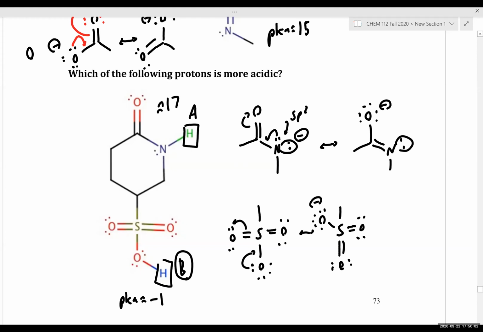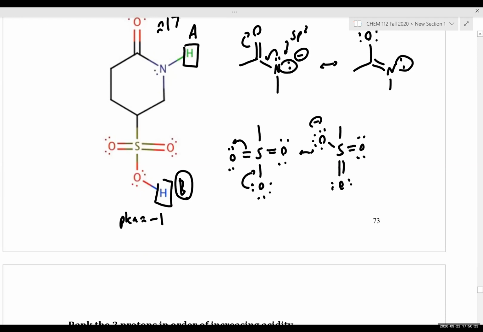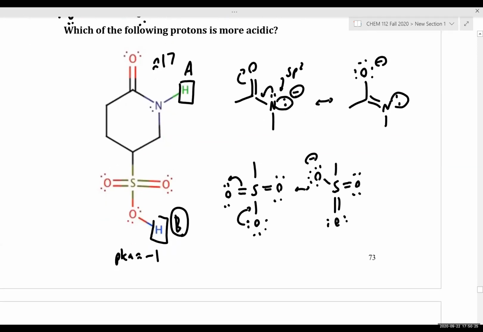Similar to our urea proton. This is partially why you don't see protonated amides as well, as they're substantially more acidic than you would expect. Any questions on this example?